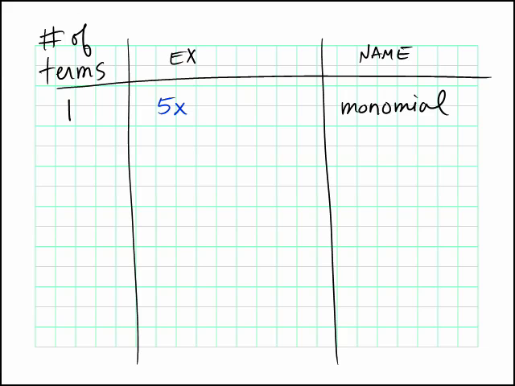If we have two terms, for example, the polynomial 3x squared minus 1 has exactly two terms here and here. And that is called a binomial.